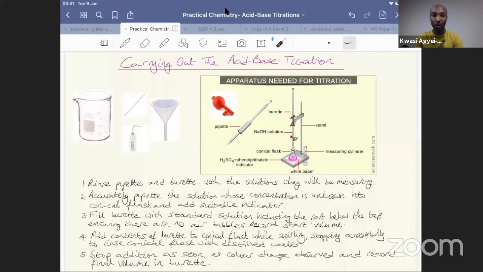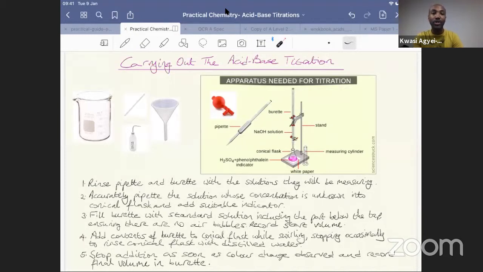Okay, so drop-wise addition as you approach that equivalence volume, so the volume needed to neutralize our acid. You need to do that drop by drop so that you don't overshoot it. Okay, and then you need to stop addition as soon as the color change is observed, and you need to record the final volume. Okay, so that's how you would go about carrying out this titration.